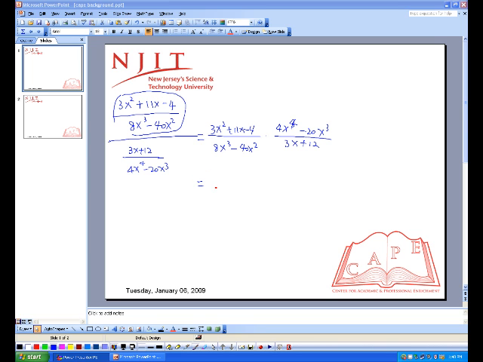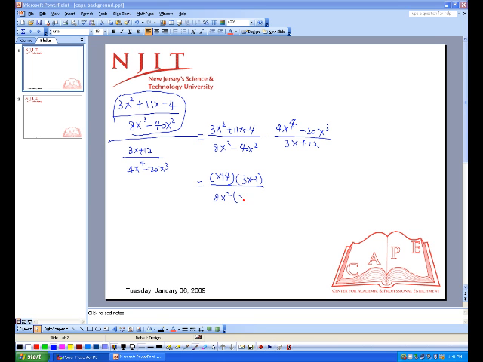The first step is to factor out all the polynomials into the simplest term possible. So 3x squared plus 11x minus 4 should factor into x plus 4 and 3x minus 1. x cubed minus 5x squared, you should be able to factor out x squared.